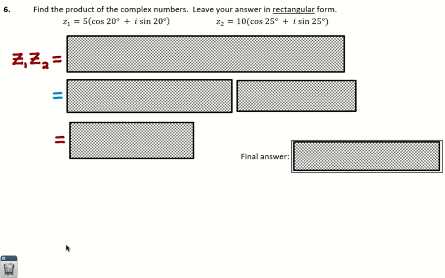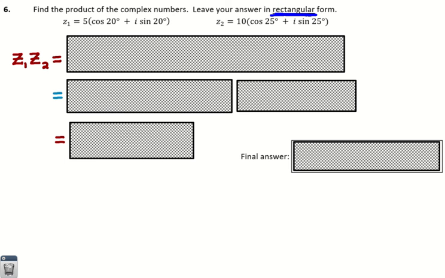Moving on to number 6, where we want to find the product of a couple complex numbers in polar form. Now this is where I clearly wanted you to see and notice, don't want to miss that part of the directions. You're going to leave your final answer in rectangular form. So make sure to read directions, people.